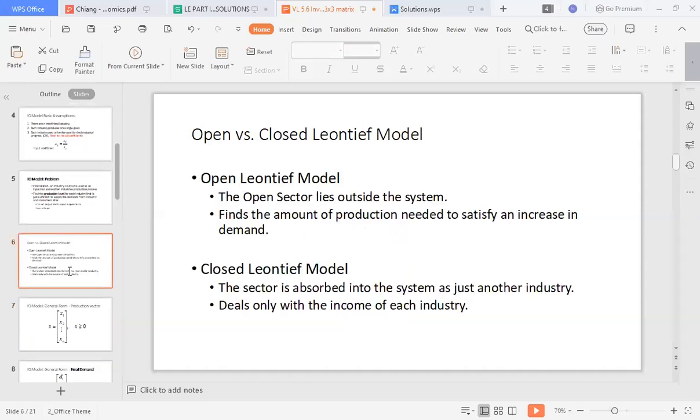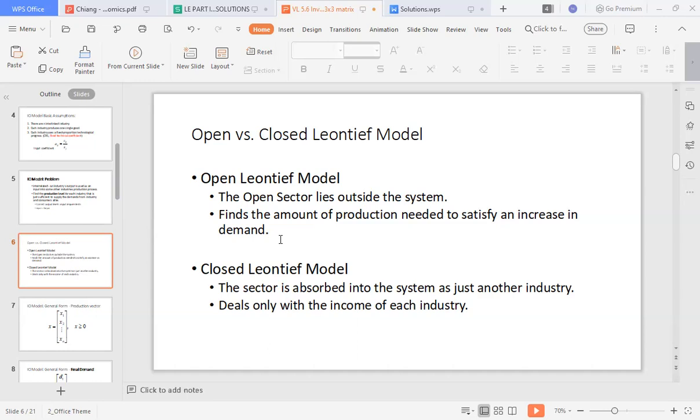Now, also, the Leontief model is used in these two analyses. We have open and closed Leontief model. So when we're dealing with an open Leontief model, it means it's a sector that lies outside the system. It also indicates that it finds the amount of production needed to satisfy an increase in demand.